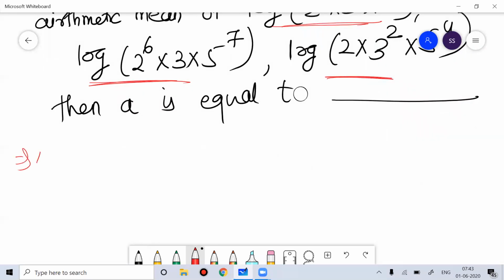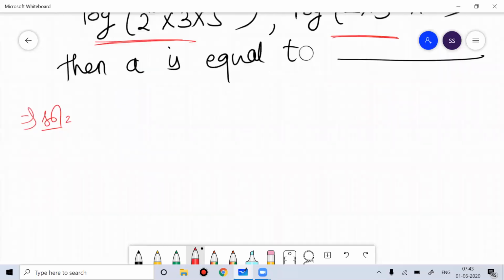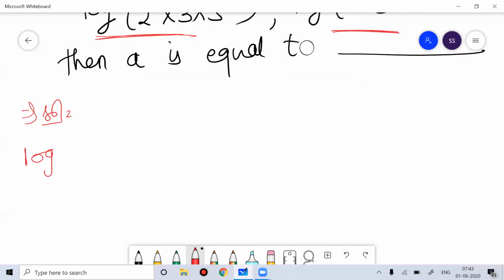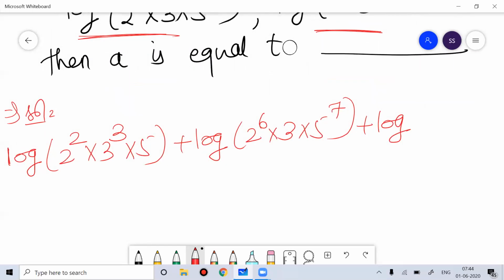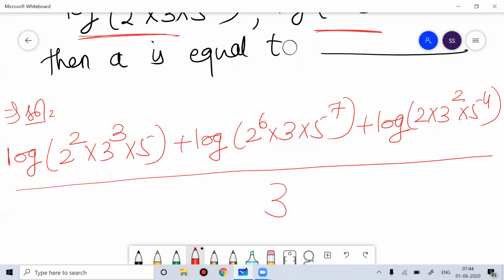So if I solve this, arithmetic mean of that would be log of 2 to the power 2 into 3 to the power 3 into 5 plus log of 2 to the power 6 into 3 into 5 to the power 7 plus log of 2 into 3 to the power 2 into 5 to the power 4, divided by 3.